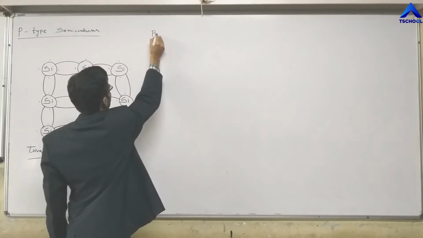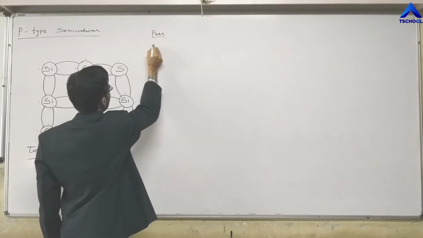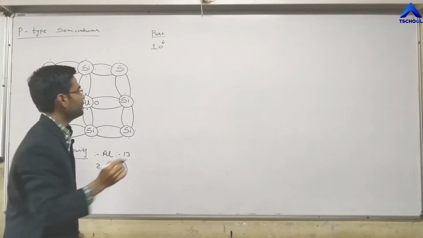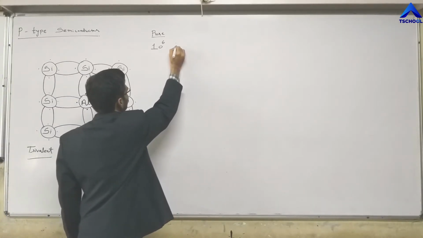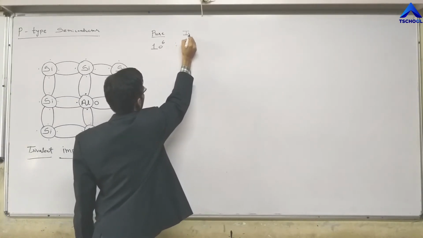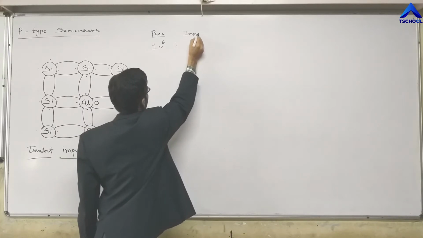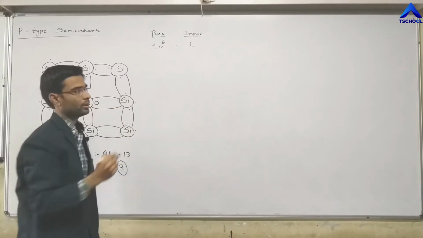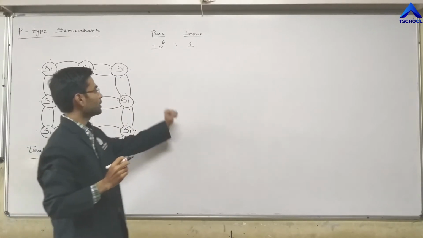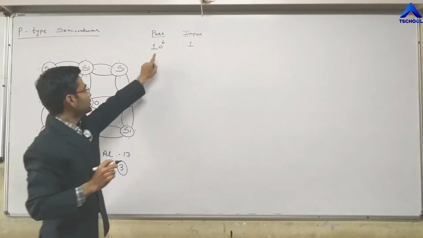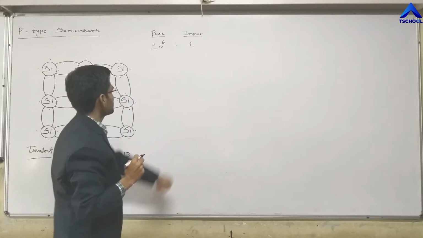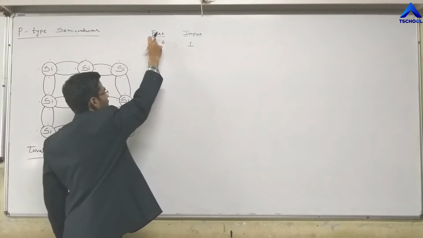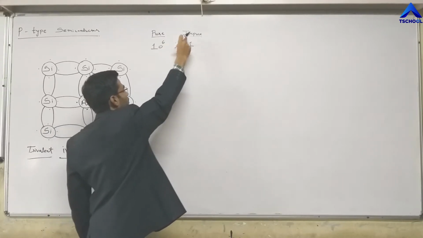If we take 10 power 6 pure silicon atoms, then we should add only one impure atom. The proportion ratio is 1:10⁶.